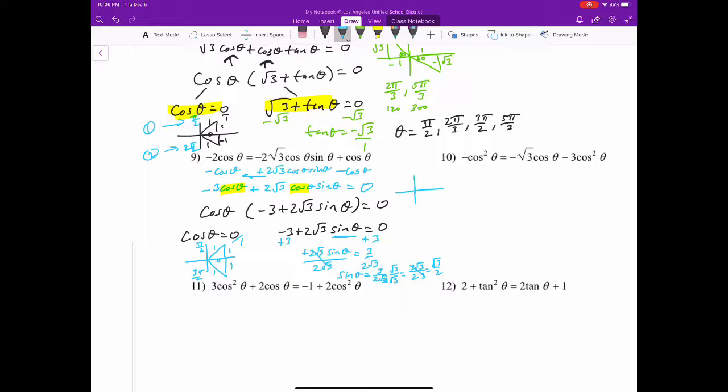The sine is positive in quadrants, wait, is that positive or negative? No, it's positive. Quadrants 1 and 2. We're going to 60 degrees, so our theta here is going to be pi over 3 and 2 pi over 3.